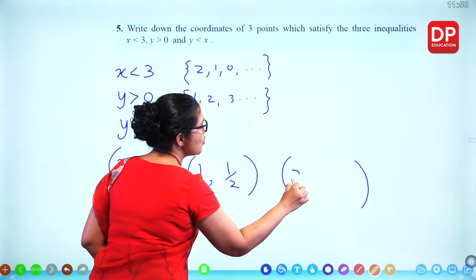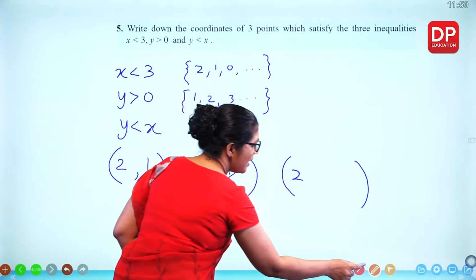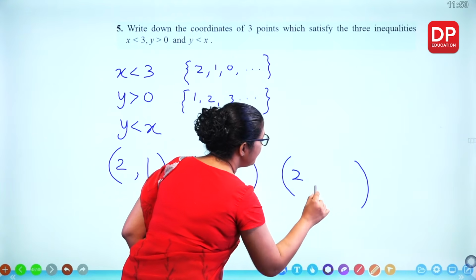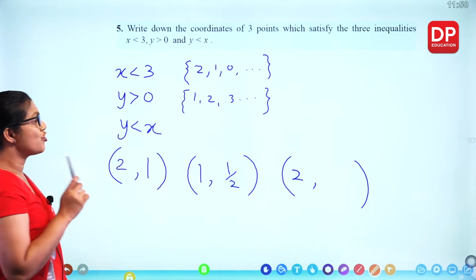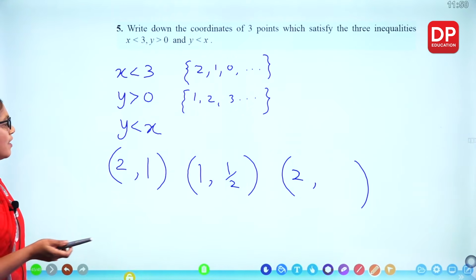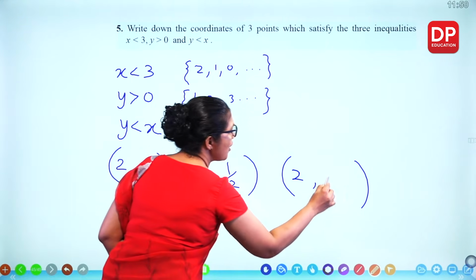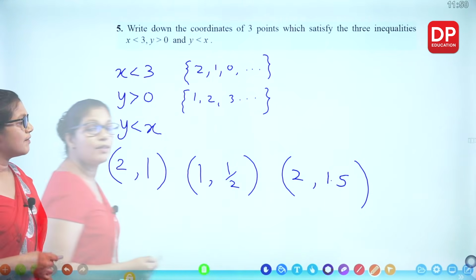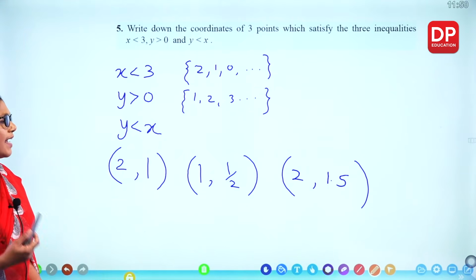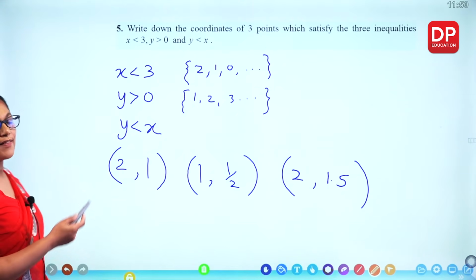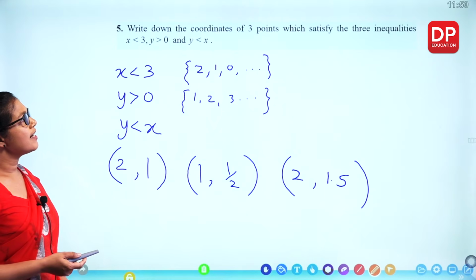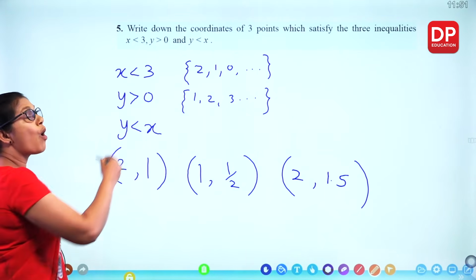We'll take 2 and then y value should be less than x. So earlier we took 1. I can take 1.5. Y value should be less than x. So these are the 3 points that we can write satisfying all 3 inequalities.